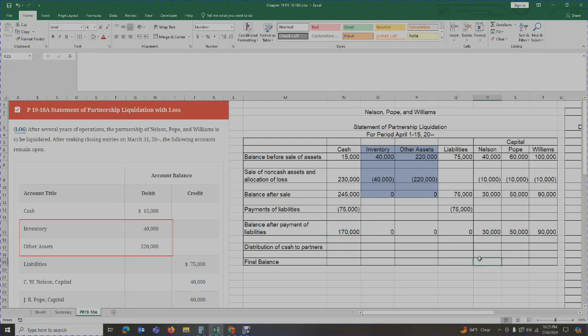Now we see what's happening. Your liabilities have been zeroed out. We've zeroed out our assets, we've zeroed out our liabilities. As of step number 3, we are left with $170,000 in cash, and we have our capital accounts. Okay.